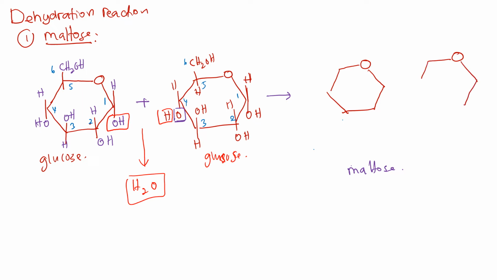hexagon, the oxygen, and then the hexagon structure, and you put a straight line at each corner. Let me number the molecule: 1, 2, 3, 4, 5, 6 and 1, 2, 3, 4, 5, and 6.